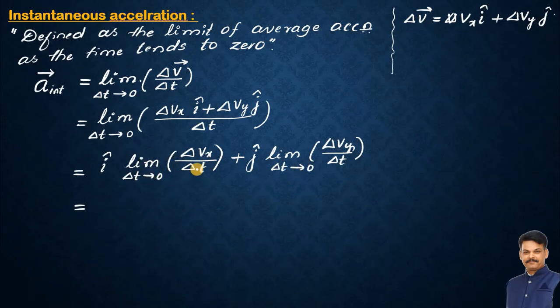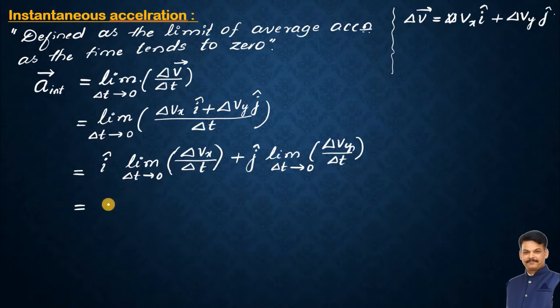Now observe the limit and the things which are there. The limit of change in one variable with respect to change in another variable, is it not the derivative of one variable with respect to the other? Just to recall what you have learnt under functions and derivatives.